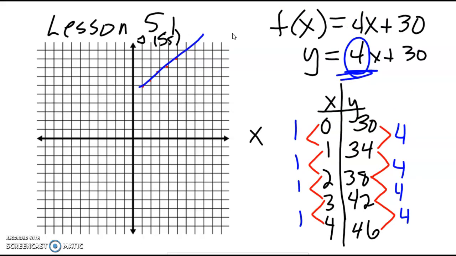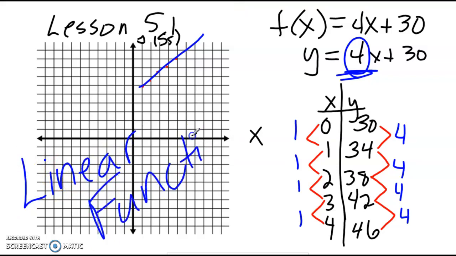So I want you to write that somewhere. You could write it on here. We could write linear function. And it's linear because of two things. There is a constant change in our x. It's the same change each time.